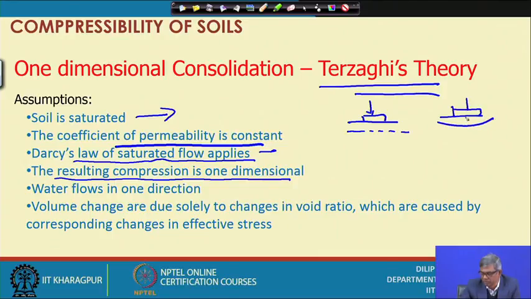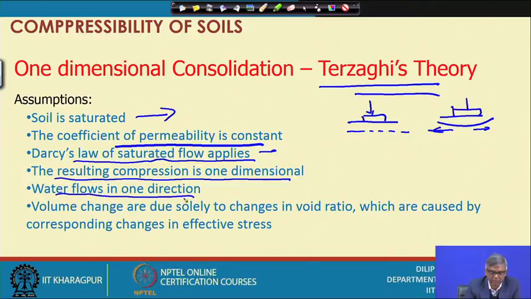So it will be different, but in the initial development it was assumed that the resulting compression is one dimensional, that means only compressing vertically, with no lateral expansion or contraction.